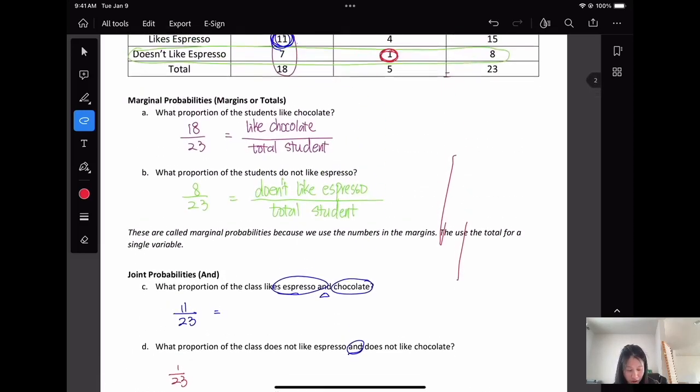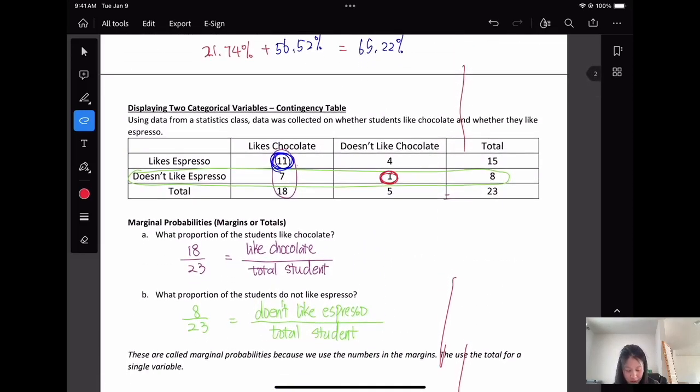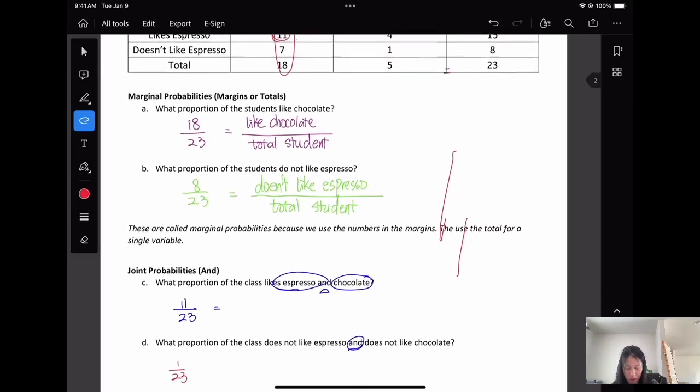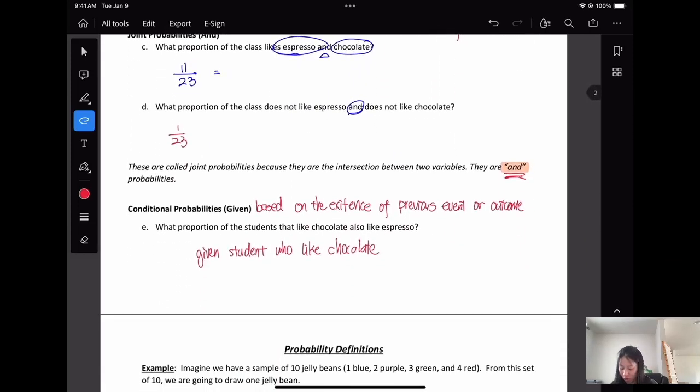Now let's take a look. Go back here. Students who like chocolate, I'm going to erase all of those notes. Students who like chocolate are in the first column. Out of these, who also like espresso, it's going to be 11.